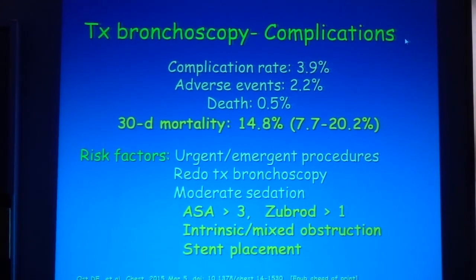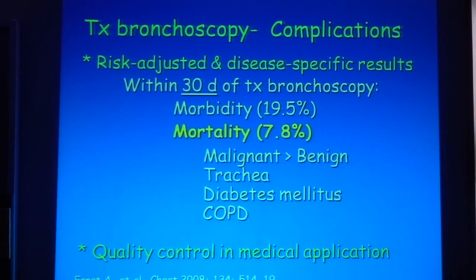The most important factors are intrinsic mixed obstruction, stent placement, urgent emergent procedures, redo therapeutic bronchoscopy, and moderate sedation, with which we see complications or mortality rate high. And another study by Armin Ernst and colleagues showed that mortality rate is 8% within the 30-day of therapeutic bronchoscopy, and the morbidity is 20%.